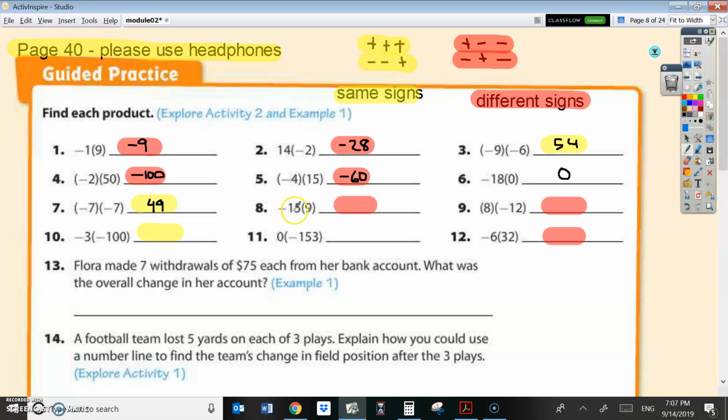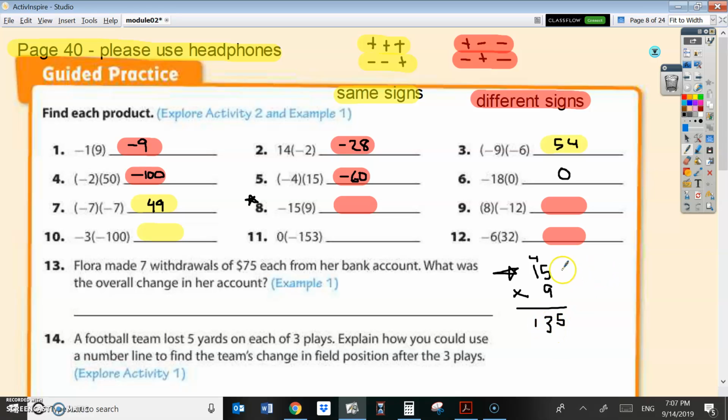15 times 9. Okay, so look down over here. 15 times 9, you could do it like this, and get 135.